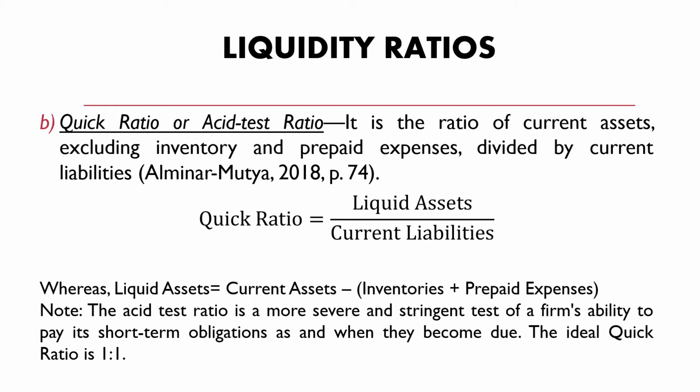Note that the acid test ratio is a more severe and stringent test of a firm's ability to pay its short-term obligations as and when they become due. The ideal quick ratio is 1:1, but it may also vary depending on the industry where the business belongs.